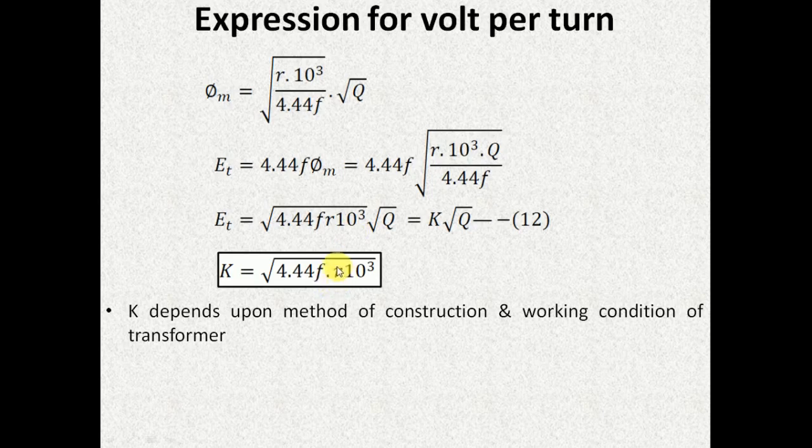Just like R had a dependency on the method of construction and working condition of the transformer, this K also will have the same dependency as it is related with R.